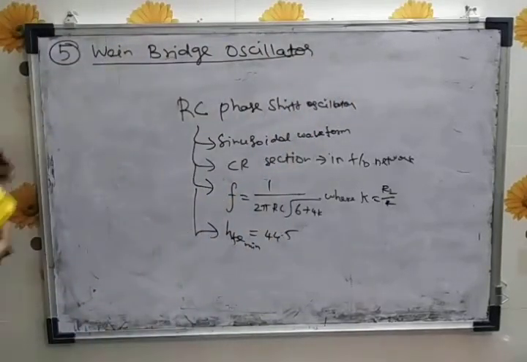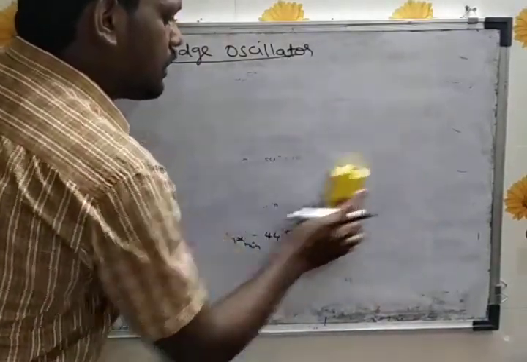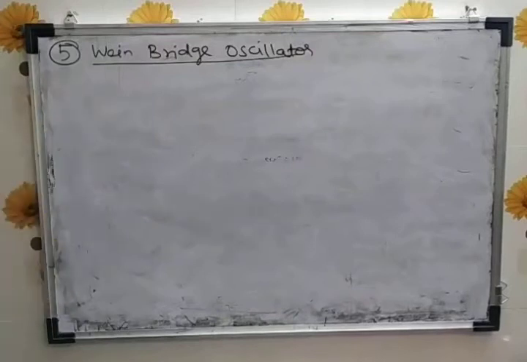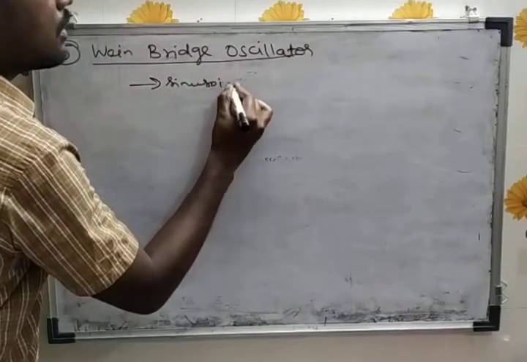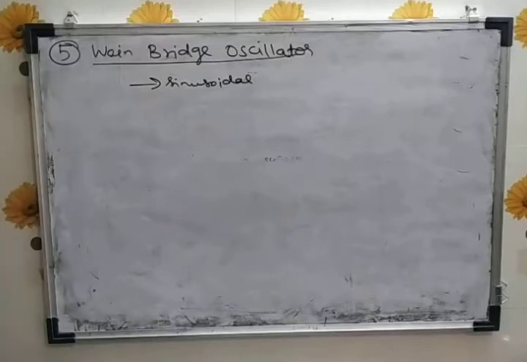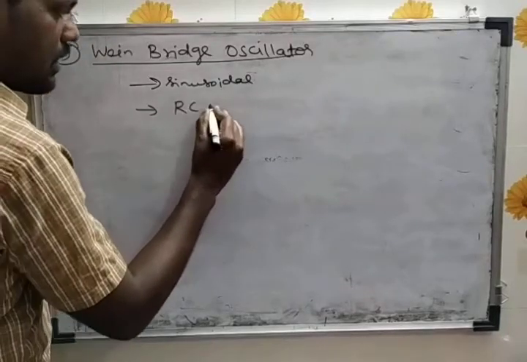Wien-Bridge oscillator. It is also used to generate a sinusoidal waveform. It is classified as an RC oscillator.